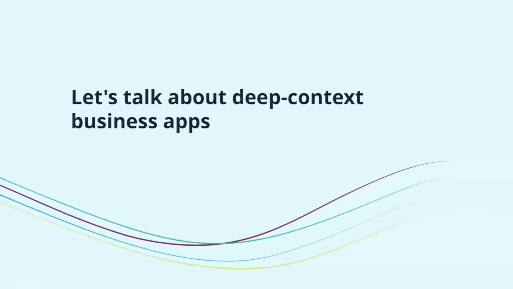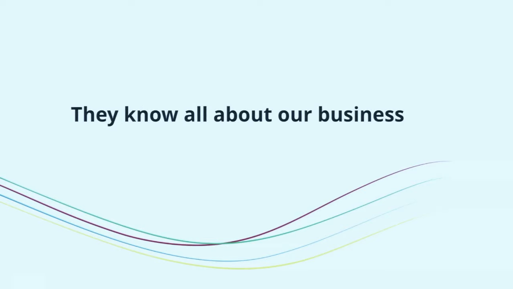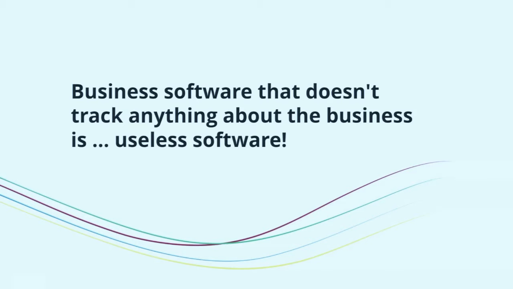Now let's talk about the deep context that I promised. So software now knows all about your business. That's the idea of deep context. If you're running 10 Zoho apps, there's a lot of information about your business that these apps now know. Business software that doesn't track anything about the business is useless software, right?